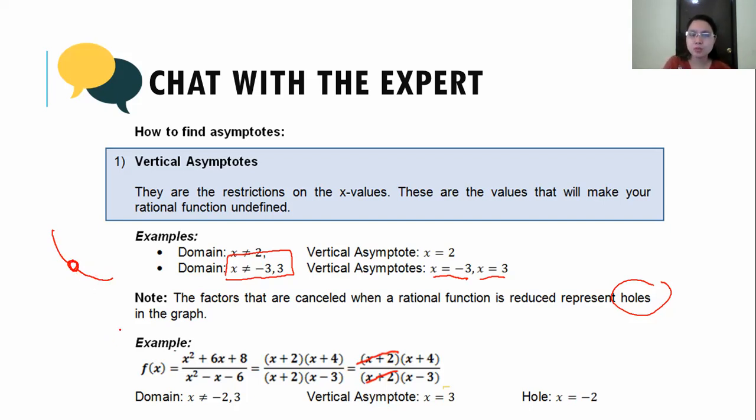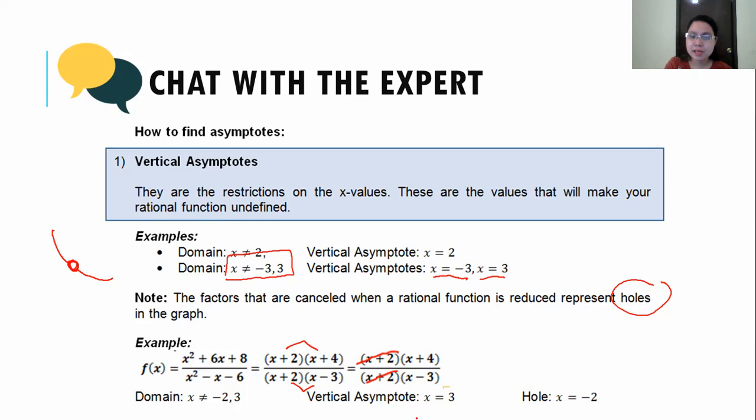Now, when can a hole exist? A hole exists when you factor out your numerator and you factor out your denominator, and there is a common factor for the numerator and denominator. Example, in this one, x plus 2 is seen both in the numerator and in the denominator. So we cancel it out.